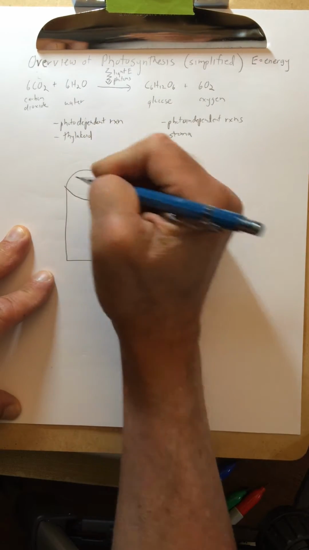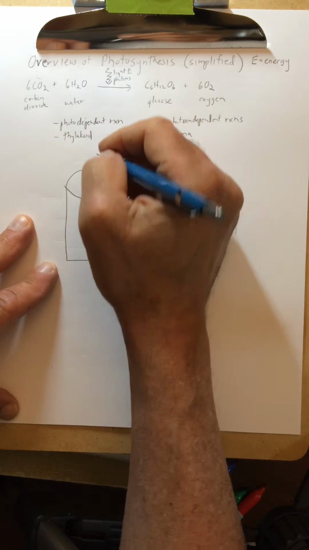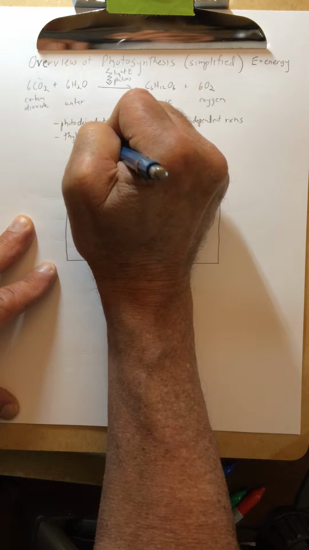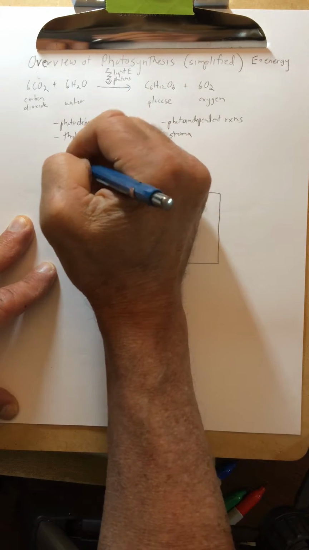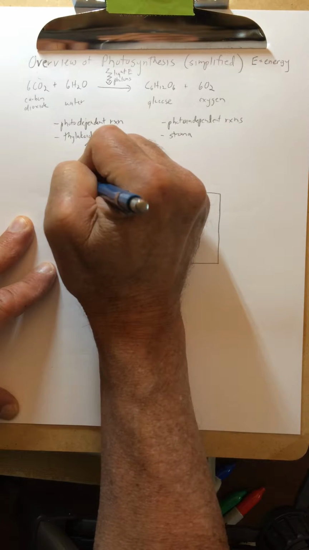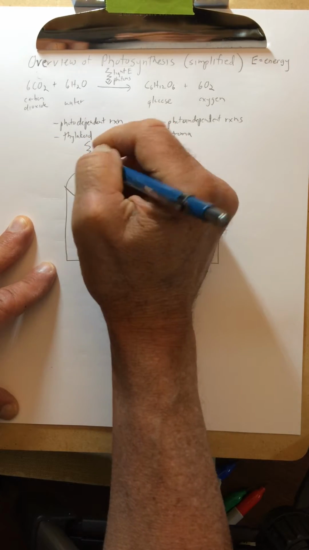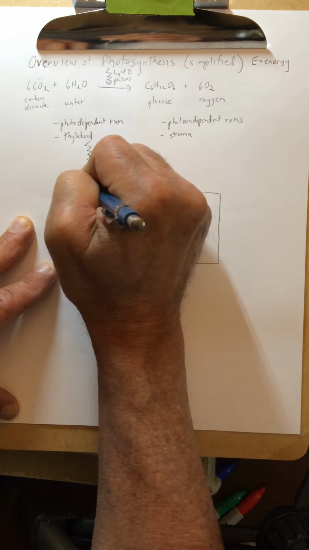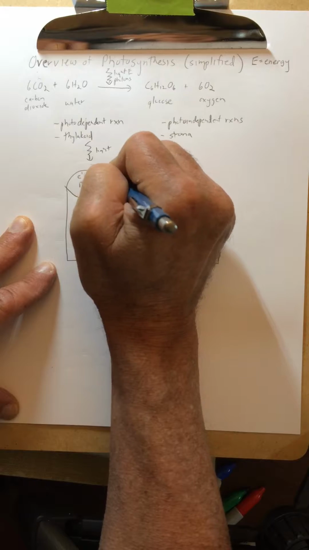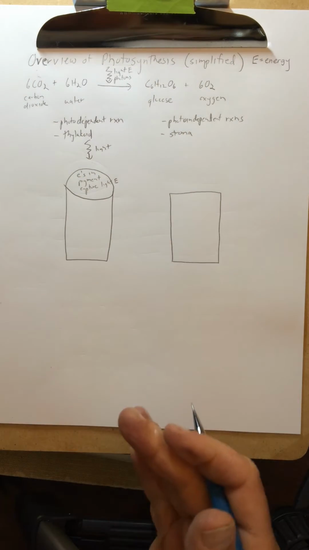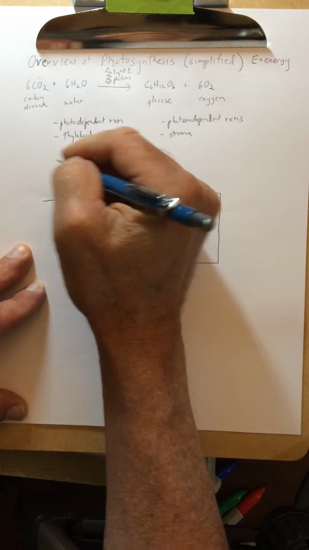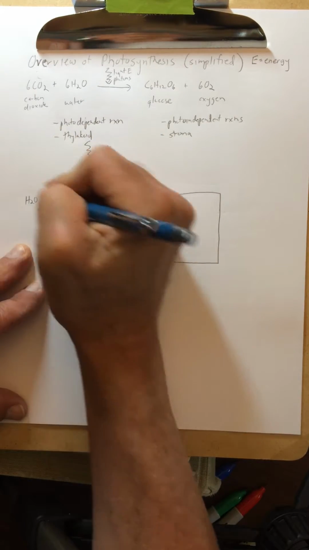So the overall process here, or the first step in the process, is we have light shining down and electrons in the pigment molecules capture the light energy by exciting those electrons. And the first step that goes along with that is that water is split.